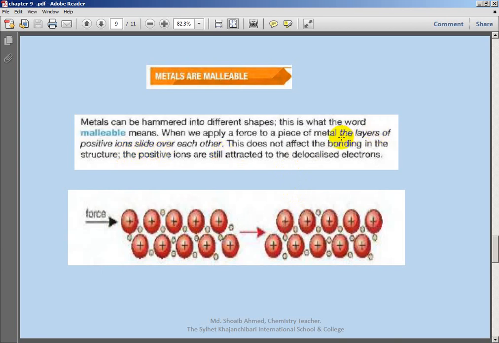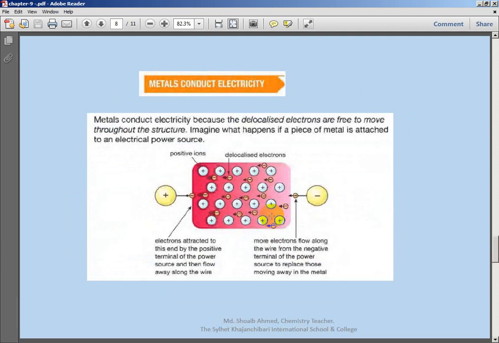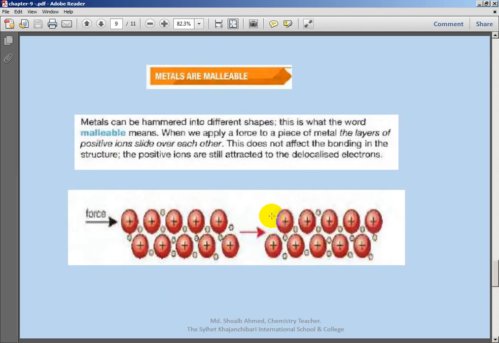If we give the force, they slide over each other. For this reason, metals are malleable. You may remember this: the layers of positive ions slide over each other. These things come as questions. You'll be able to draw them. No, sir, don't need to. Okay.